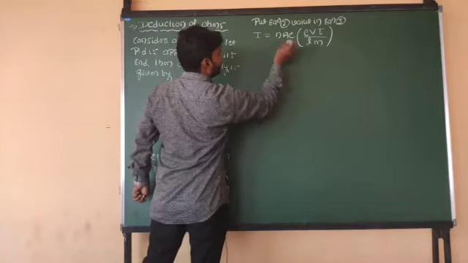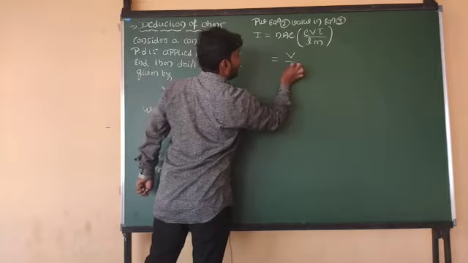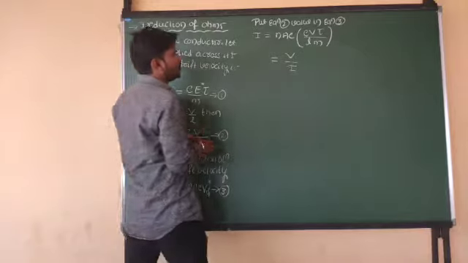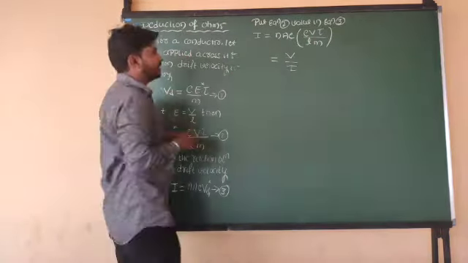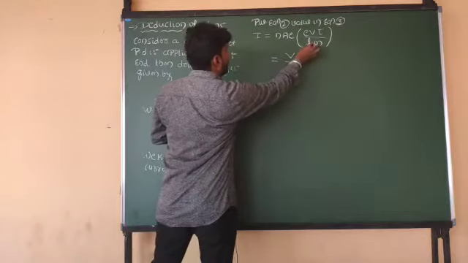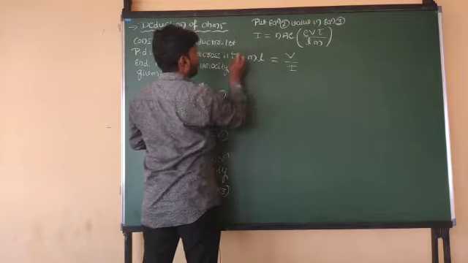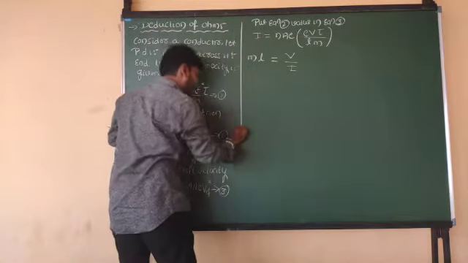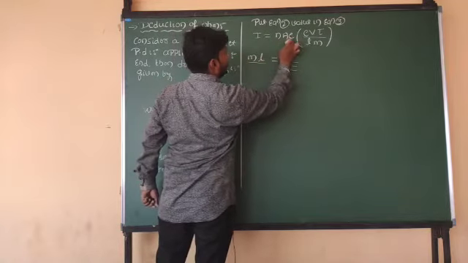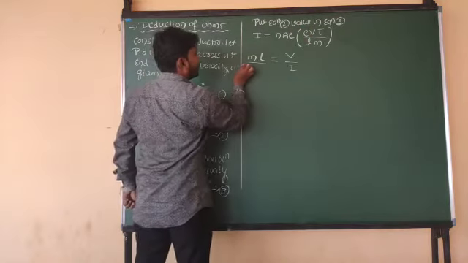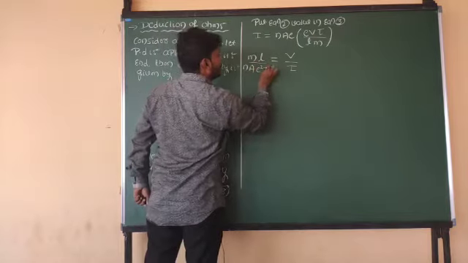Let me rewrite that equation: V by I is equal to, this term goes to the numerator, mL divided by nAe into e, which means e square, nAe square into τ.